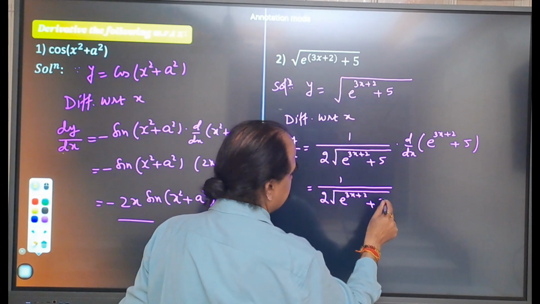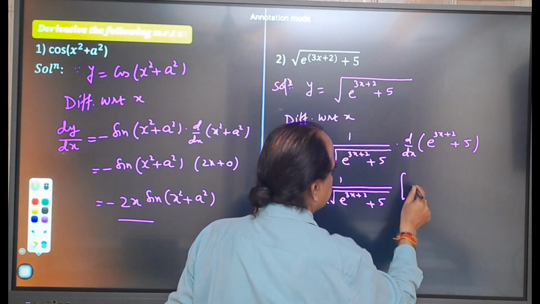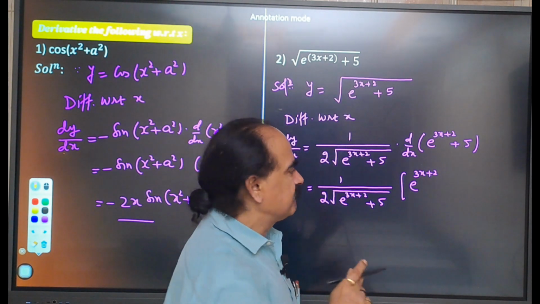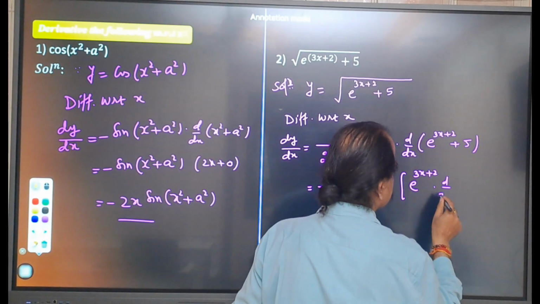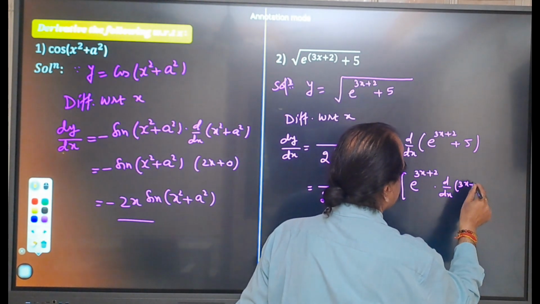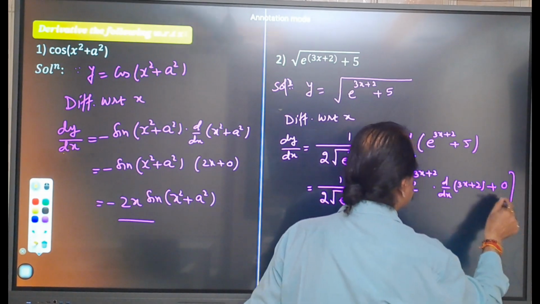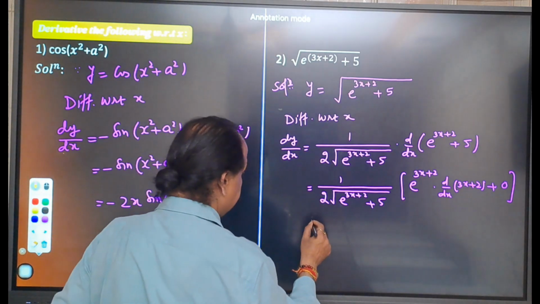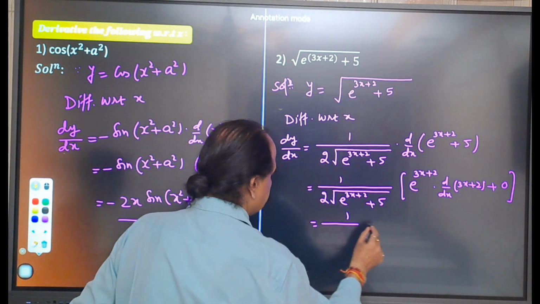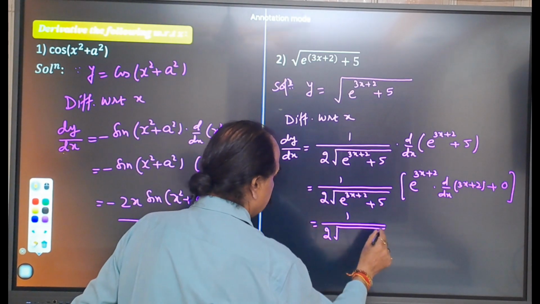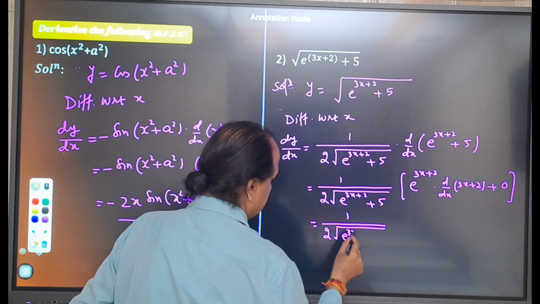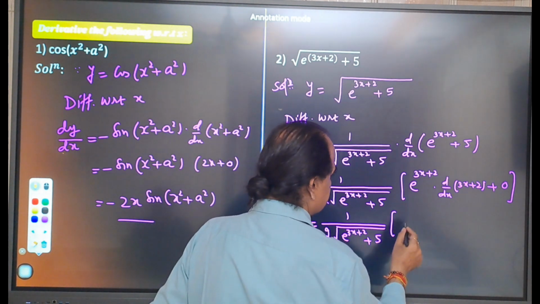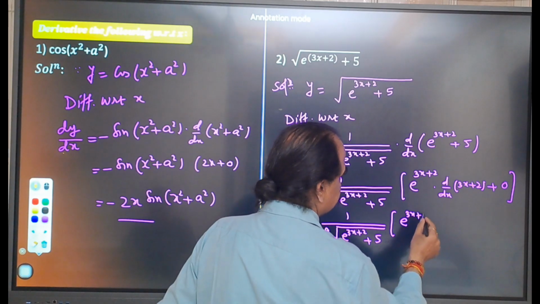(e raised to 3x plus 2 plus 5). Derivative of e is what? E only. Whatever power is there, keep as it is into derivative of that power. Plus derivative of 5 is what? 0. So 1 upon 2 root (e raised to 3x plus 2).